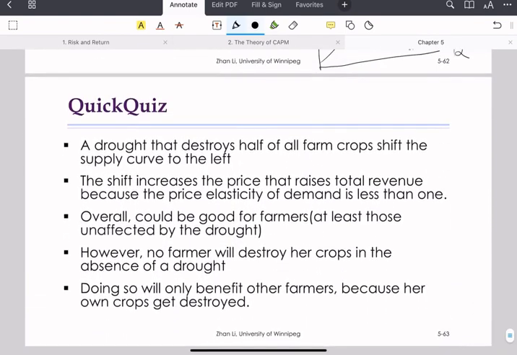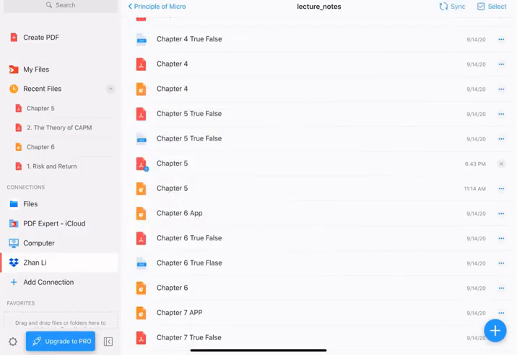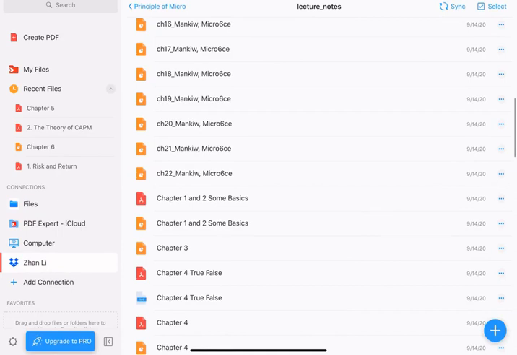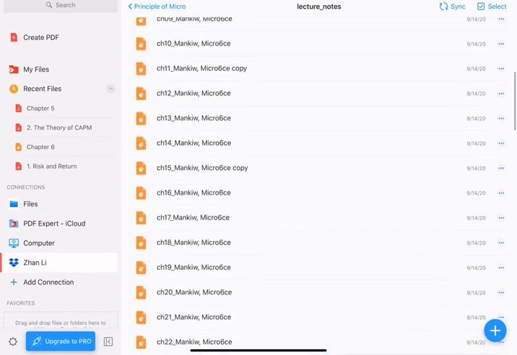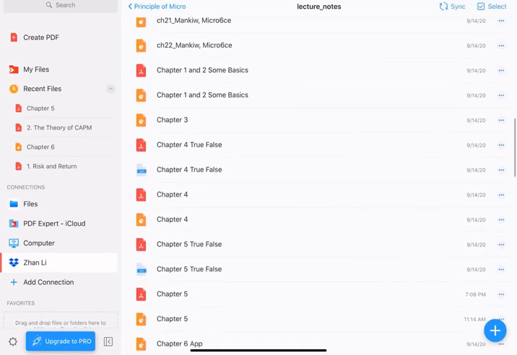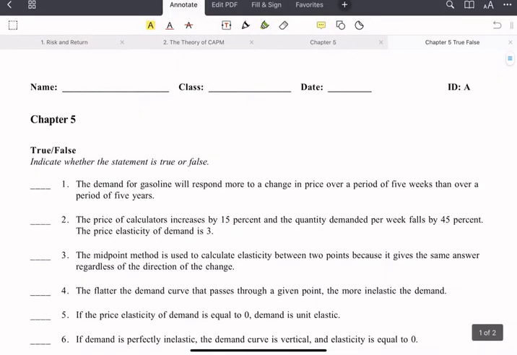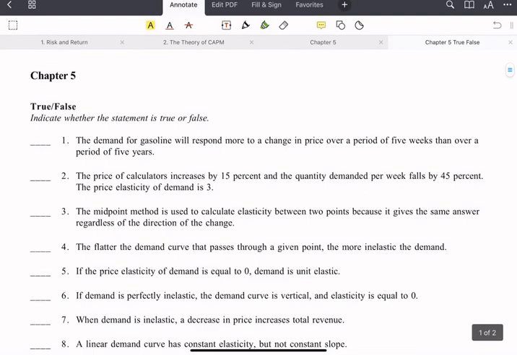Okay, yeah, maybe I could start several true-false questions. I think I have like 3 minutes left. Okay, let me see if I could find. Okay, maybe I could finish the first one. It says the demand for gas will respond more to a change in price over a period of 5 weeks than over a period of 5 years.